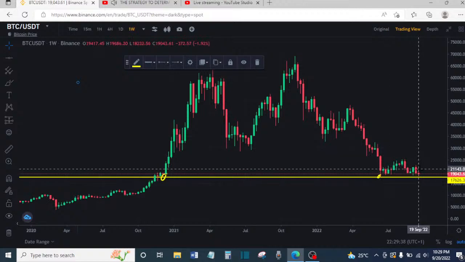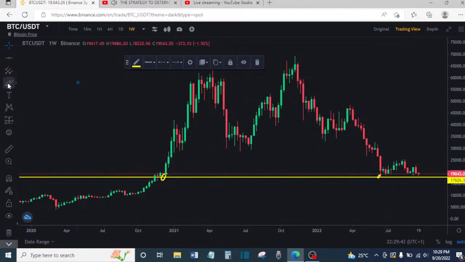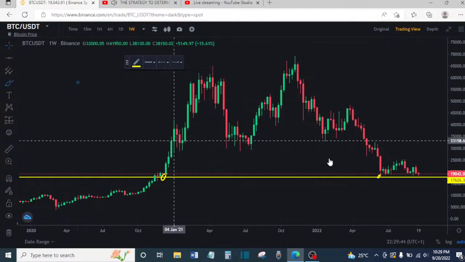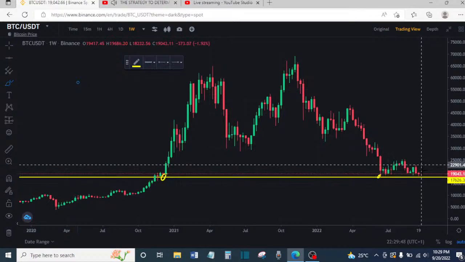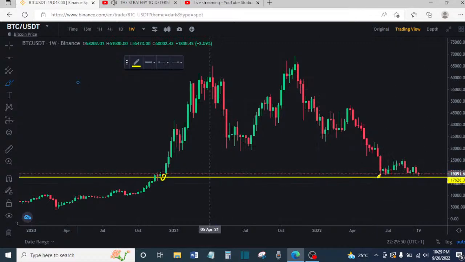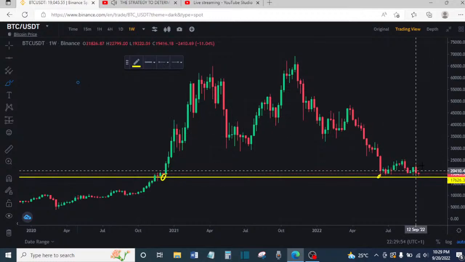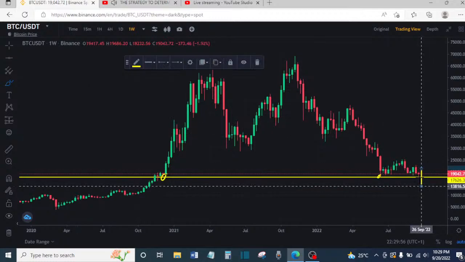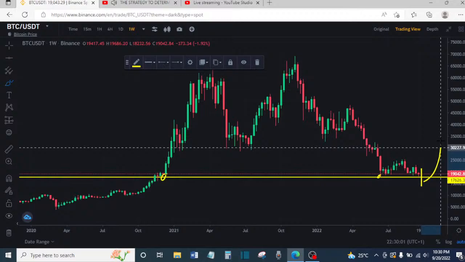So what I will expect personally will be a takeout of these bottoms. Okay, that will now drive the price up. A takeout of the bottoms, then before we can now have a price upward.